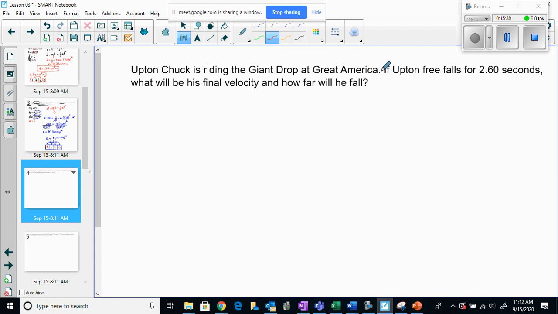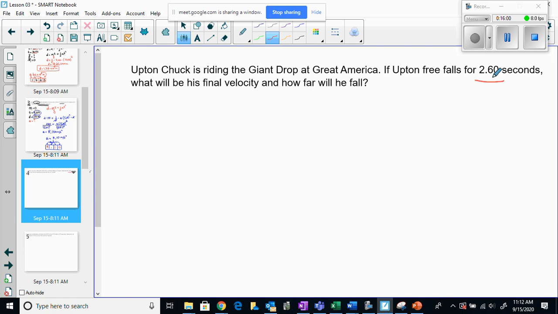If Upton Chuck is riding a giant drop at Great America, if he is in free fall for 2.60 seconds, what will be its final velocity and how far will he fall?